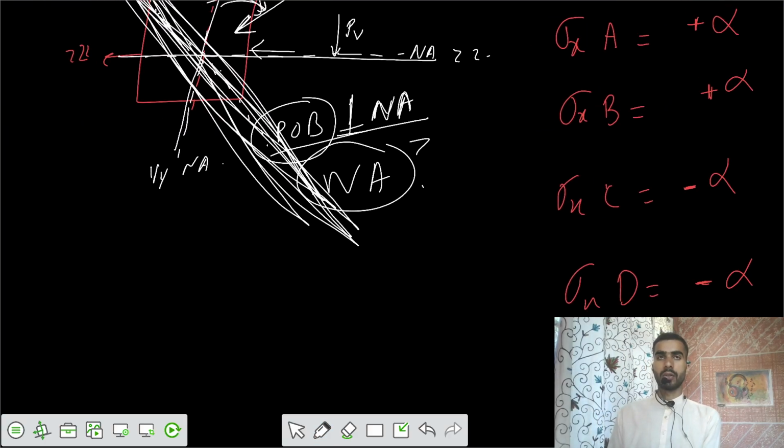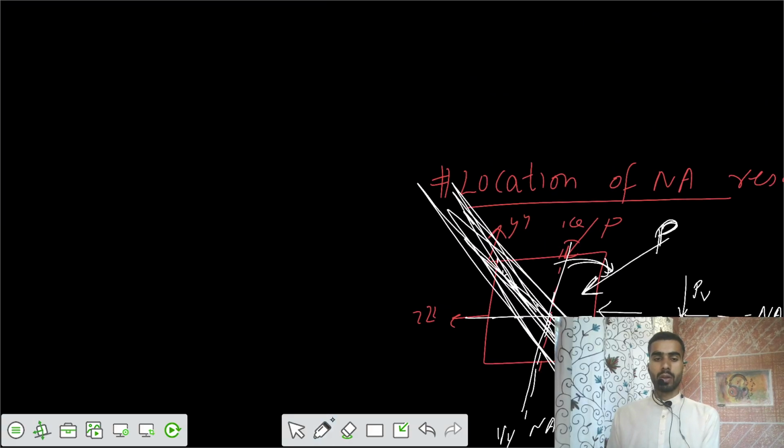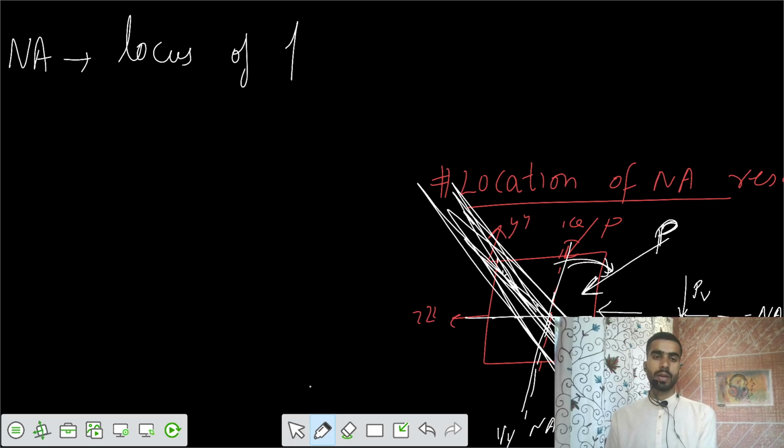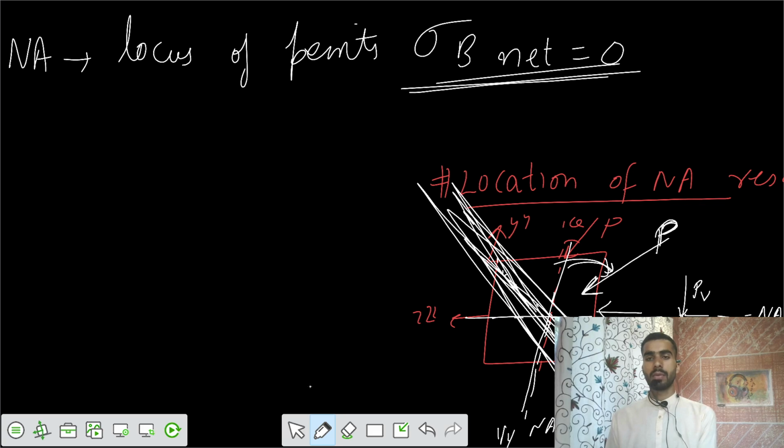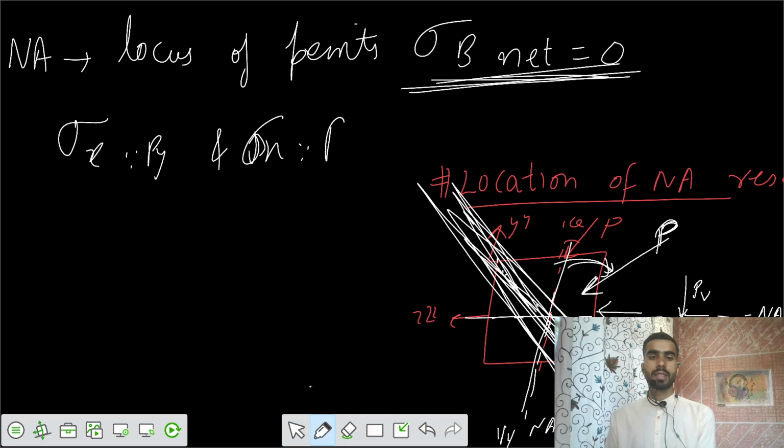That's the resultant neutral axis. From the definition, the neutral axis is the locus of those points where the net bending stress is zero. So we have two stresses, one is sigma x because of loading y, and the other sigma x because of loading z.